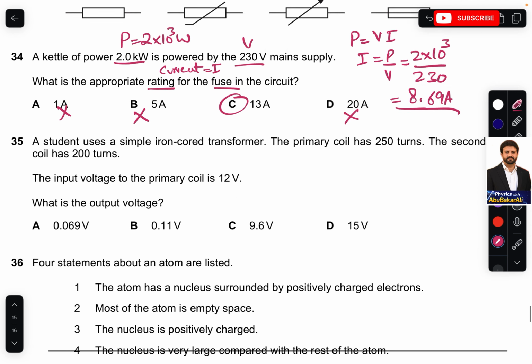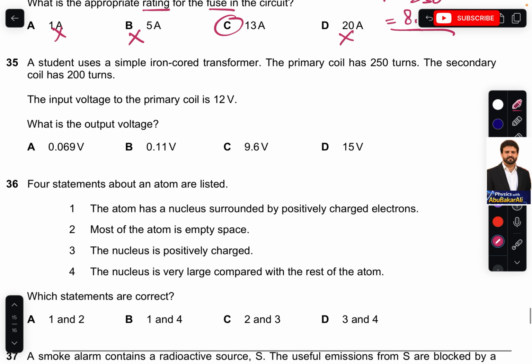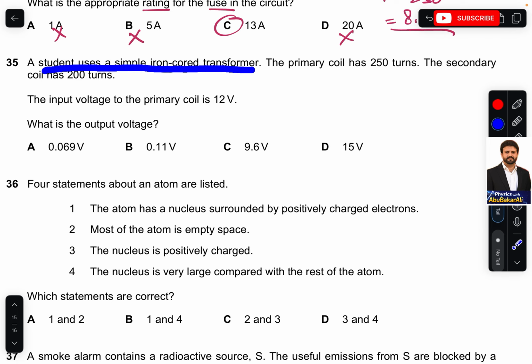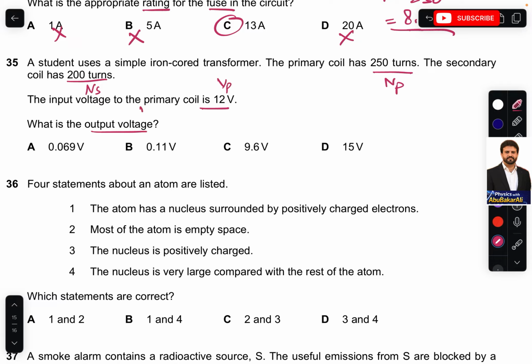Okay. Question 35. A student uses a simple iron core transformer. The primary coil has this many turns, this is NP. The secondary coil has this many turns, this is NS. The input voltage is VP. You have to find the output voltage, that is called VS. We know the formula: the ratio of voltages is equal to the ratio of turns.